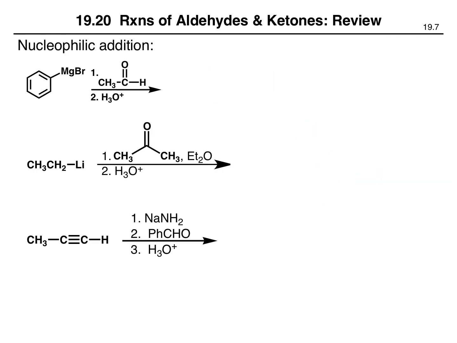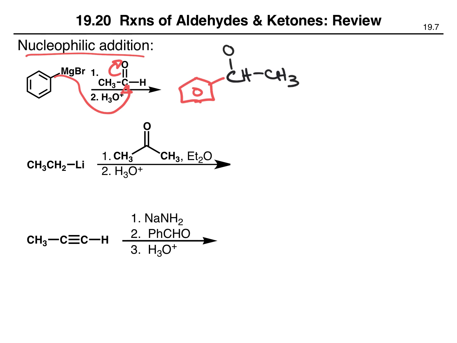We also saw some important examples of nucleophilic addition, where a nucleophile will share its electrons with the carbonyl carbon of either an aldehyde or a ketone, pushing those electrons up onto the oxygen. So that will give us the benzene connected to the carbonyl carbon, which is still connected to the hydrogen, still connected to the methyl group, still connected to the oxygen, but now by only a single bond because one of these pairs of electrons moved up onto the oxygen.